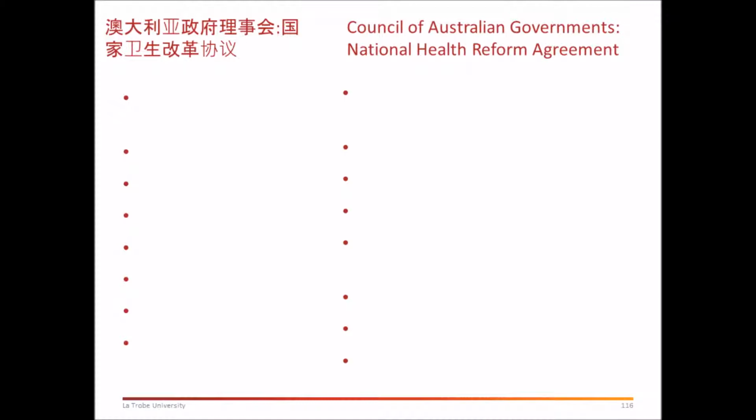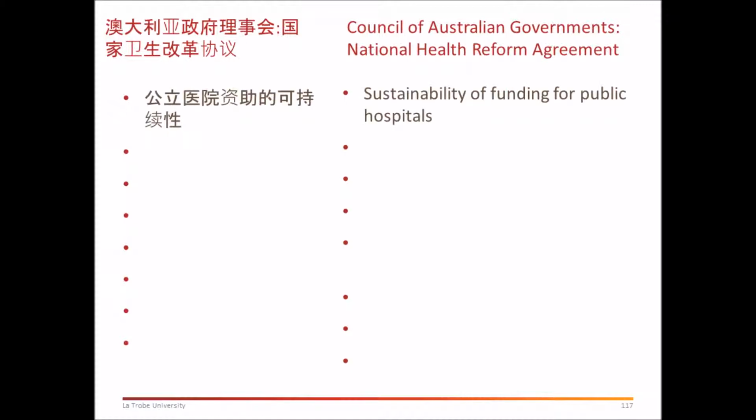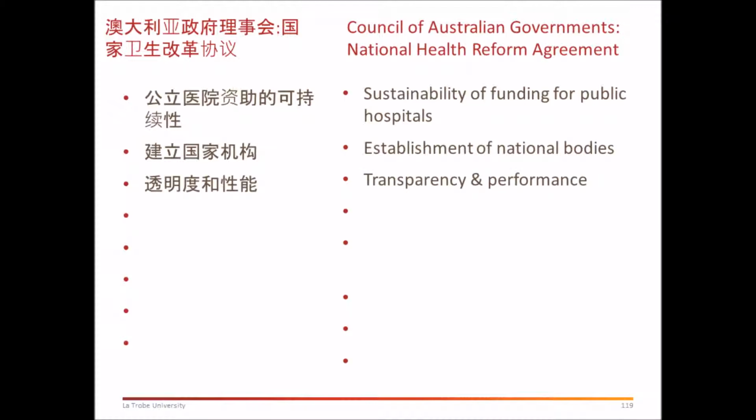The way that the federal government gets agreement across the country is through the Council of Australian Governments, and they have a national health reform agreement covering a number of points: the sustainability of funding for public hospitals, the establishment of national bodies to ensure transparency of the operations of health providers and good performance, and an attempt to ensure that local people are involved in the boards of management of hospitals.